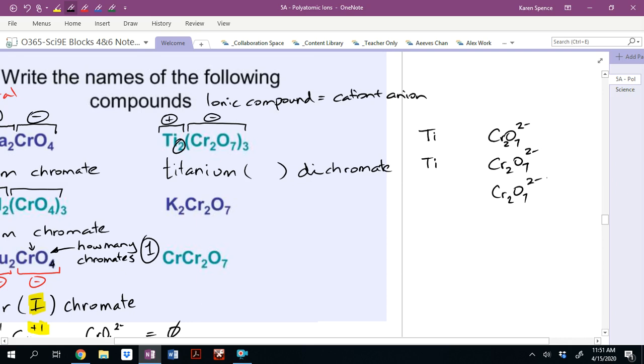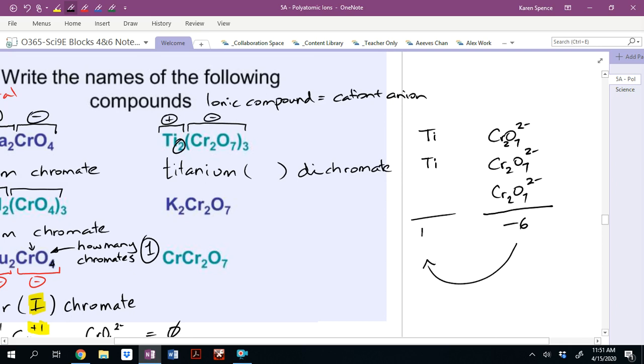So step 1, draw out all of the ions so you have the correct number of each. Step number 2, add up all your negative charges. Okay, and so that's going to give us -6. Step number 3, your total positive must equal your total negative.